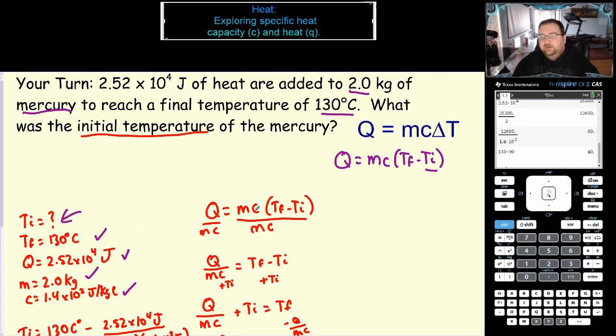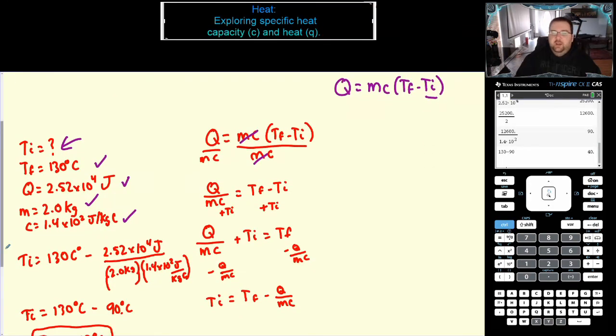So now you can rearrange your formula to isolate Ti. So the first step is to divide by MC to get rid of these. You'll be left with Q over MC equals TF minus Ti. And there's a few things that you can do from here. I prefer adding and subtracting. I think that's easier. So you're going to get rid of negative Ti by adding Ti, which is going to make it Q over MC plus Ti.